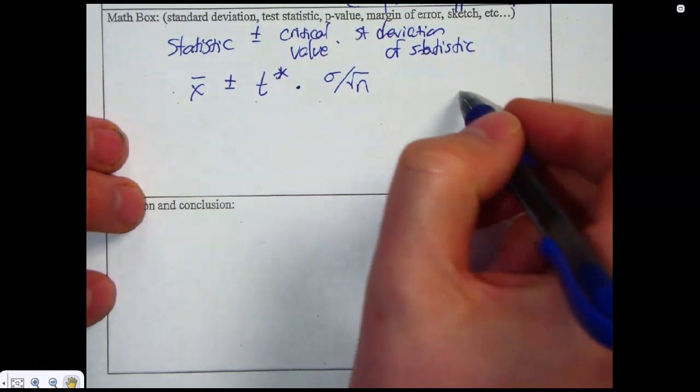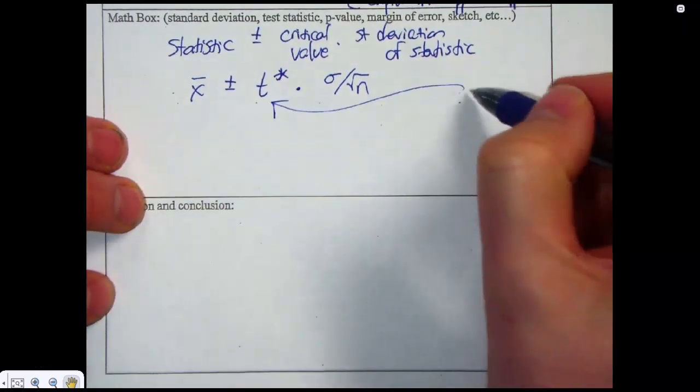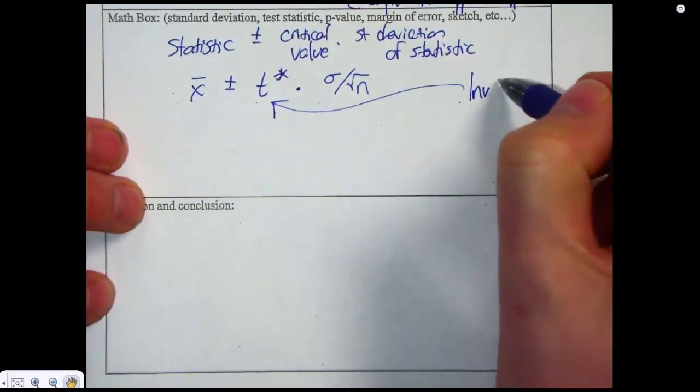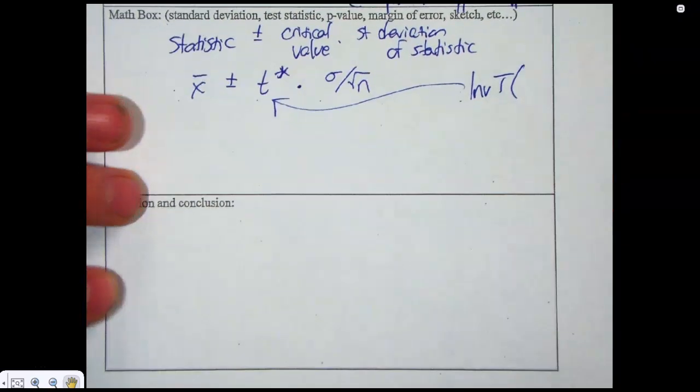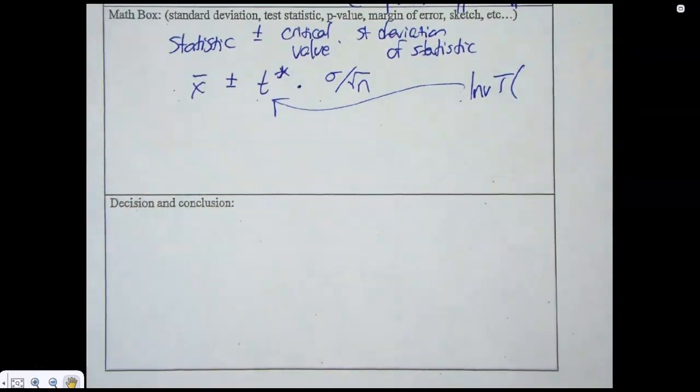For this t star, what you're going to type in is inverse t. T is a separate shape. It's very similar to normal, but it's not the same as normal. For z star, z represents normal, so you did inverse norm. For t star, we're going to do inverse t.